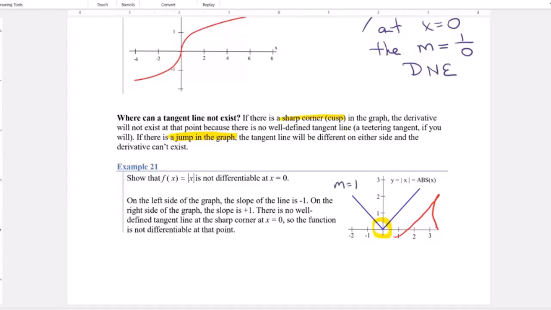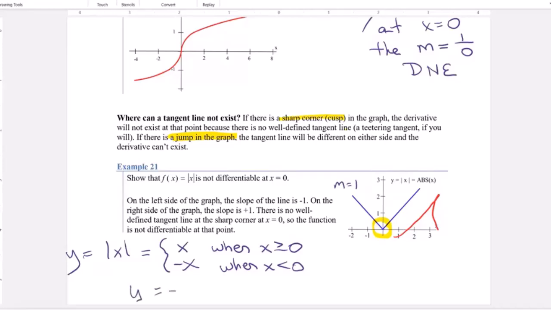We can say the absolute value of x can be divided into a piecewise function. We can say it's x when x is greater than or equal to 0, and negative x when x is less than 0. So I can see that when x is less than 0, my slope is negative 1, because this is really y equals minus x, which means m equals minus 1.